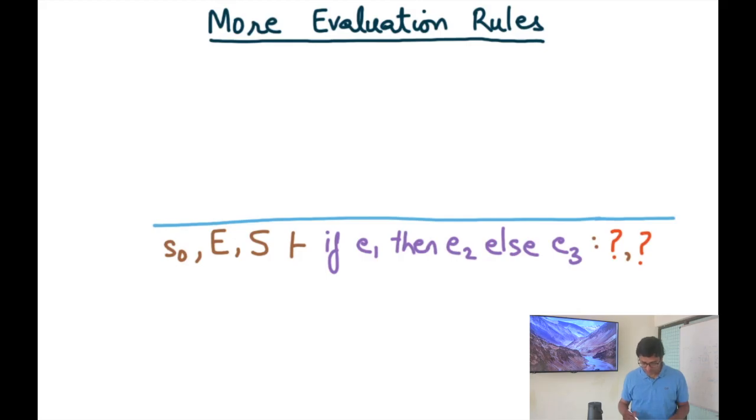Now what do you expect such an expression to evaluate to? Recall that in our language we say that the value that this if then else expression evaluates to is void. So the value is easy, but what about the side effects?